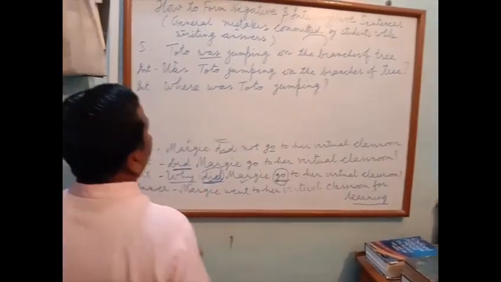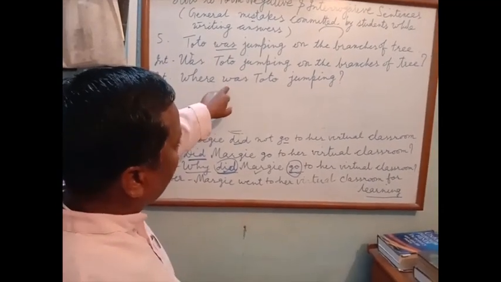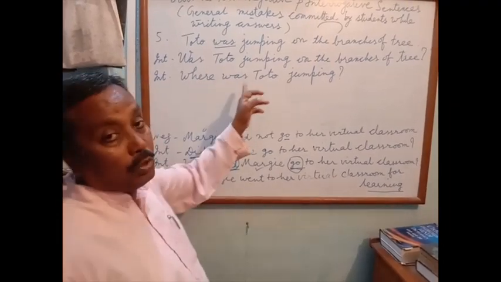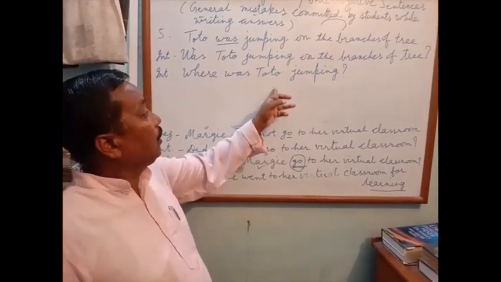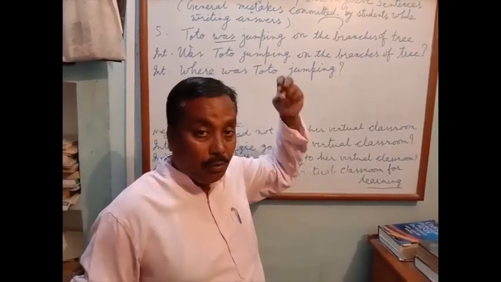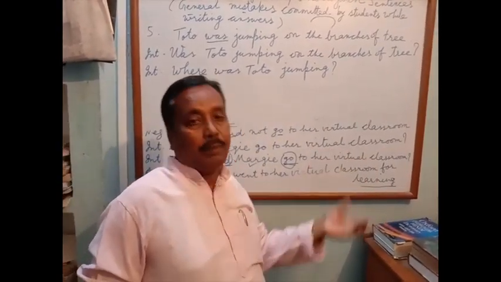Okay. First WH, then the helping verb, then the subject. A student knows very well that Toto was jumping on the branches of tree. But how to write correctly? This is the problem.